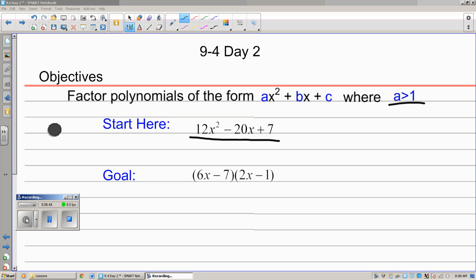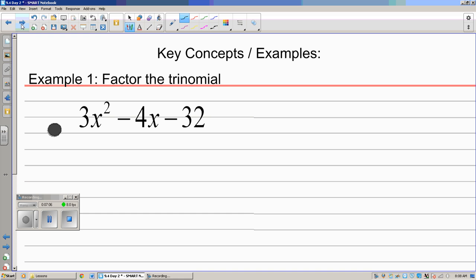I really think it's the best and easiest way to factor these, instead of trying to guess and check. Some people use the box method, which is kind of a method of guess and check, but I stick with teaching it by splitting the middle term.